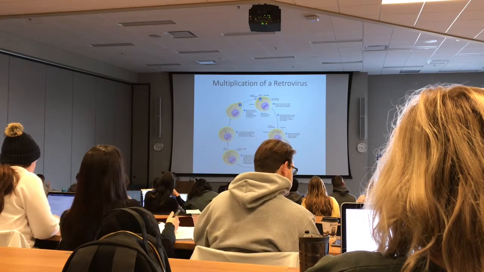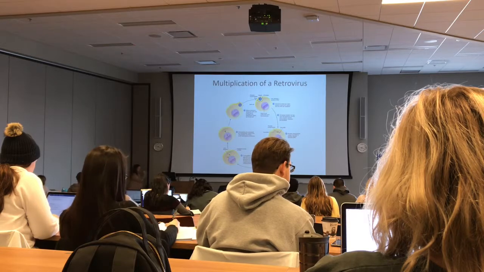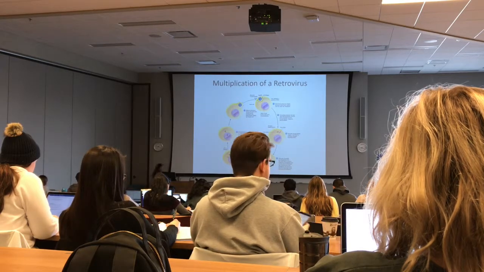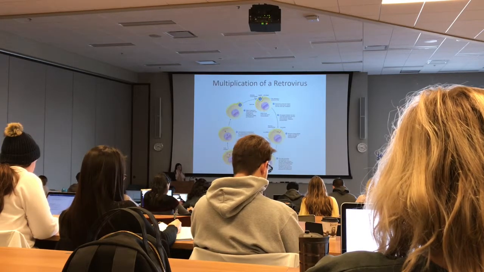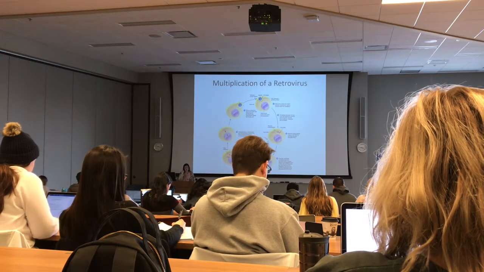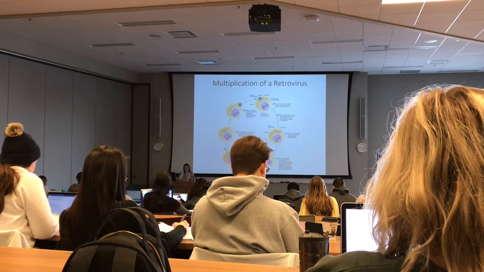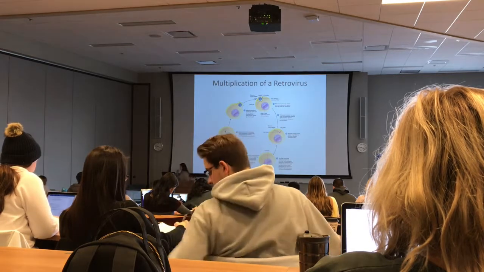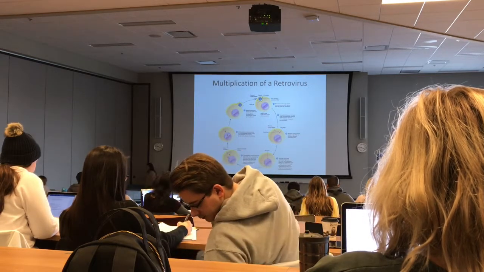Yes, so attachment, right? That's really important to know. So, CD4 positive cells, those are helper T cells, and what in addition to CD4? CCR5. So you should remember those two things.